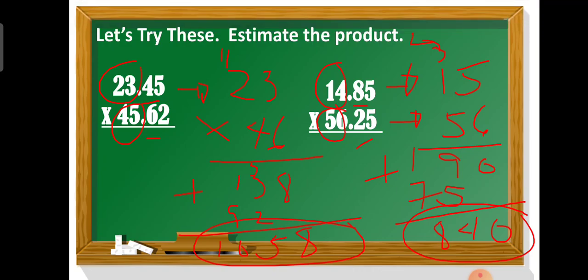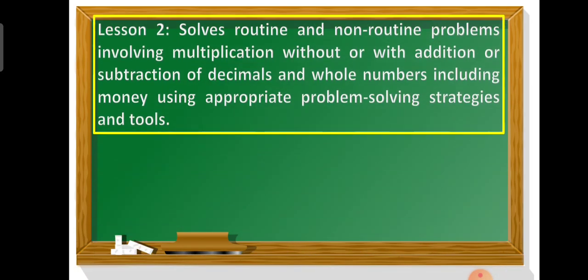Let's proceed. In our Lesson 2, you need to solve routine and non-routine problems involving multiplication without or with addition or subtraction of decimals and whole numbers, including money, using appropriate problem-solving strategies and tools.